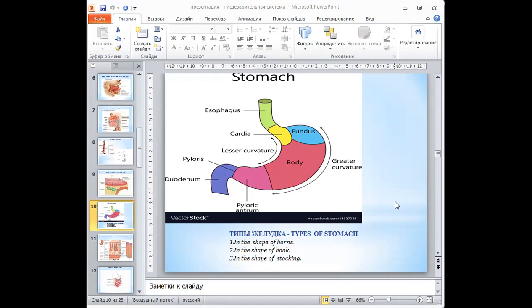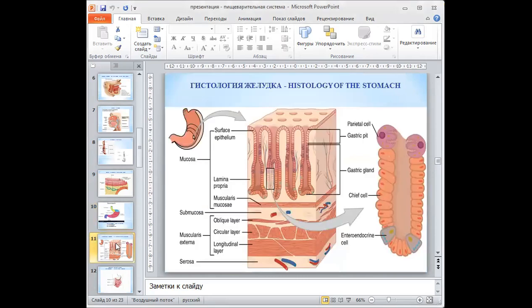The stomach wall consists of 4 shells. The first one is the mucosal shell, the inner shell. The second one is the submucosal shell. The third one is the muscle shell. And the fourth one is the serous shell.